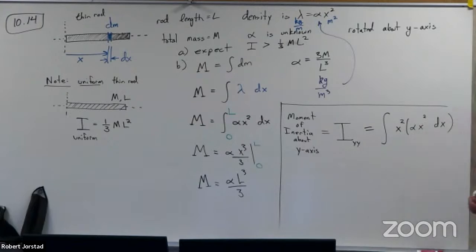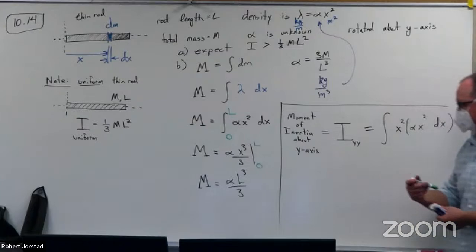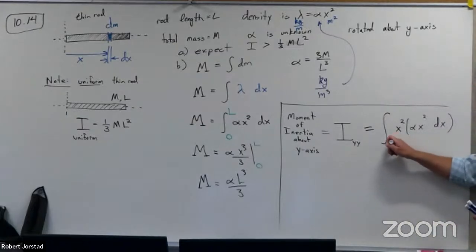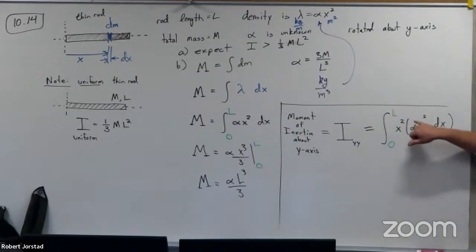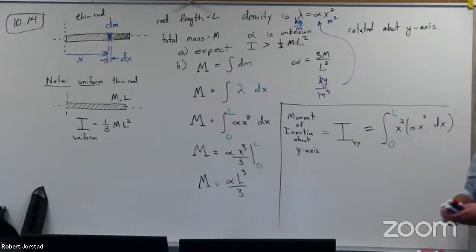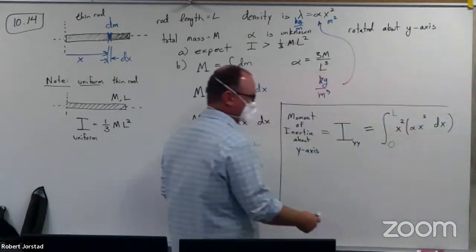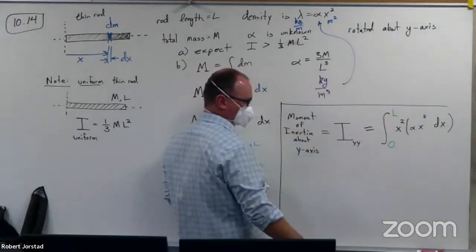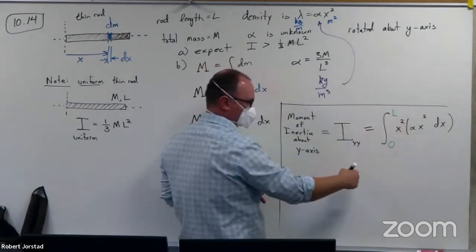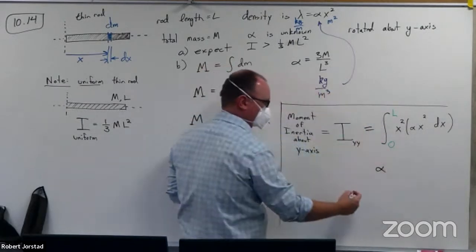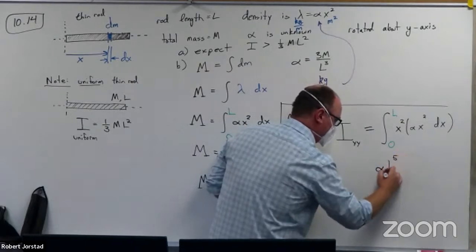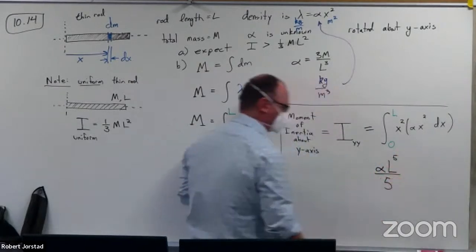Let's do it. Oh, what are my limits? I forget. 0 to L. So we're going to get, what is this? I'm getting kind of lazy and running out of board space. That's going to be x to the 5th over 5. The zero limit's going to drop. I don't like doing that, but I'm running out of room.